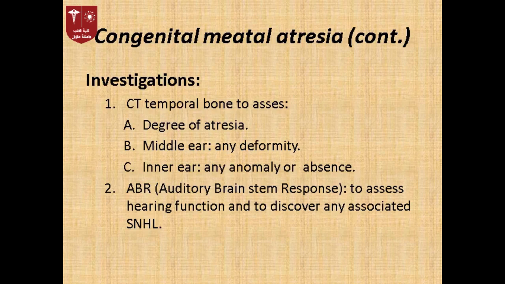ABR is an objective method of hearing assessment where we give a stimulus to the child and then we record a response by electrodes placed on the skin. This is called evoked potentials, and we'll learn more about the auditory brainstem response and the methods of hearing assessment later on.